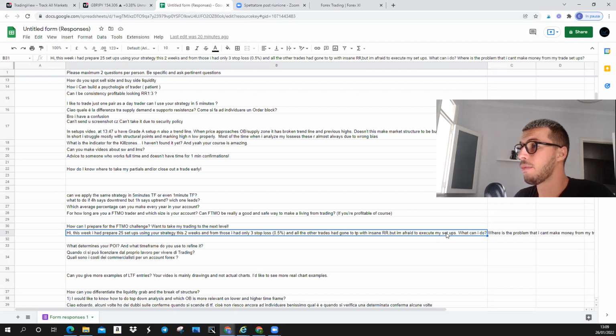If it's the first problem, you should just backtest more and see how the strategy works. If it's the second problem, which is about money, you should just risk less money or use a smaller account for now. Because if you really had 25 setups and only 3 were stop losses, then you're doing great. You just need to be more confident.